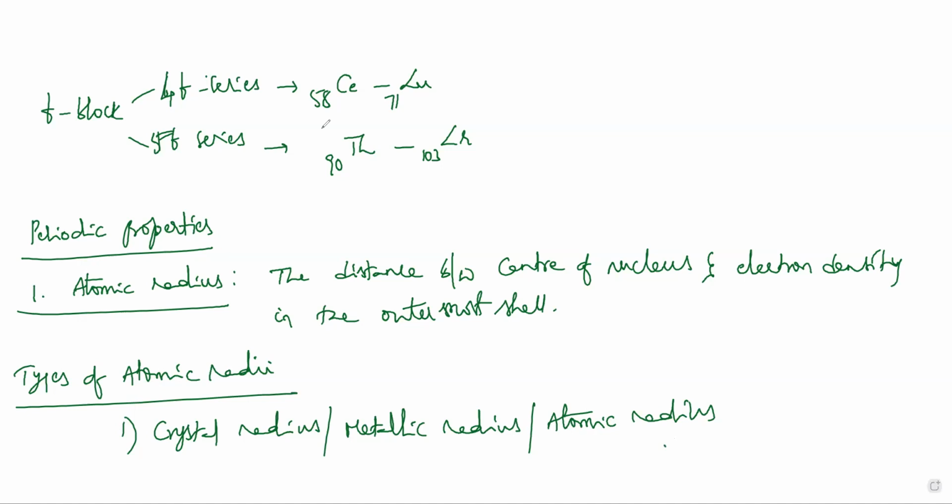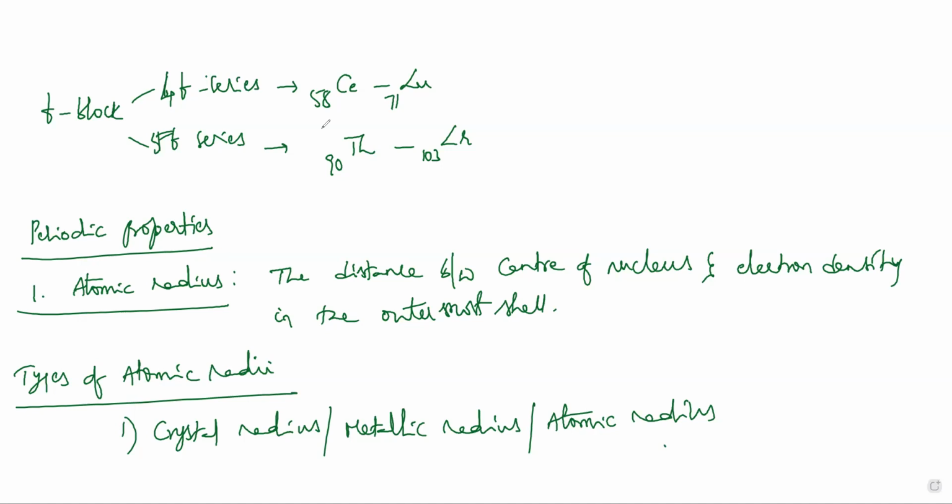Suppose this is one sodium atom, this is another sodium atom. So the distance between two adjacent sodium atoms, half of that internuclear distance, is termed as metallic radius or crystal radius.